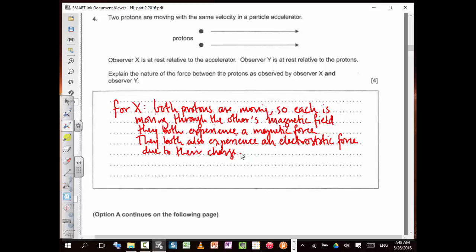Okay, for Y, Y is moving along with the protons, and so for Y there's no magnetic force because there's no motion. The protons aren't moving relative to Y. So the protons are not moving relative to Y.